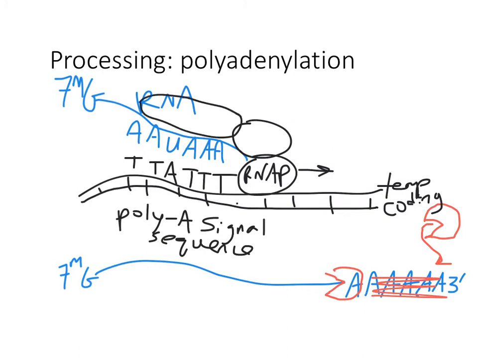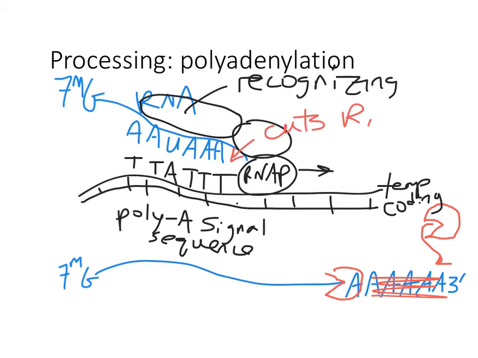So there are proteins, these circles or blobs that I've associated here with RNA polymerase. One of them is responsible for recognizing the polyadenylation signal sequence. And the next one acts as sort of a molecular scissors that cuts the RNA maybe 15 to 20 nucleotides downstream.